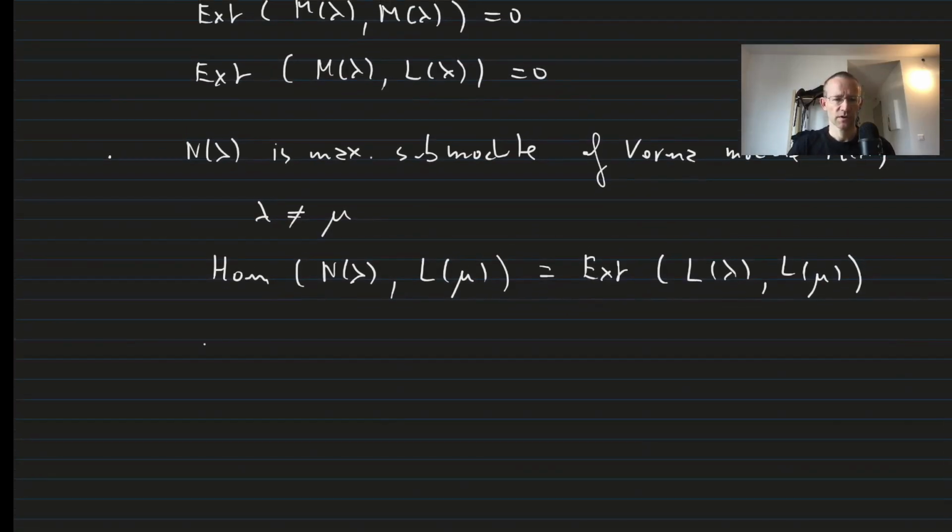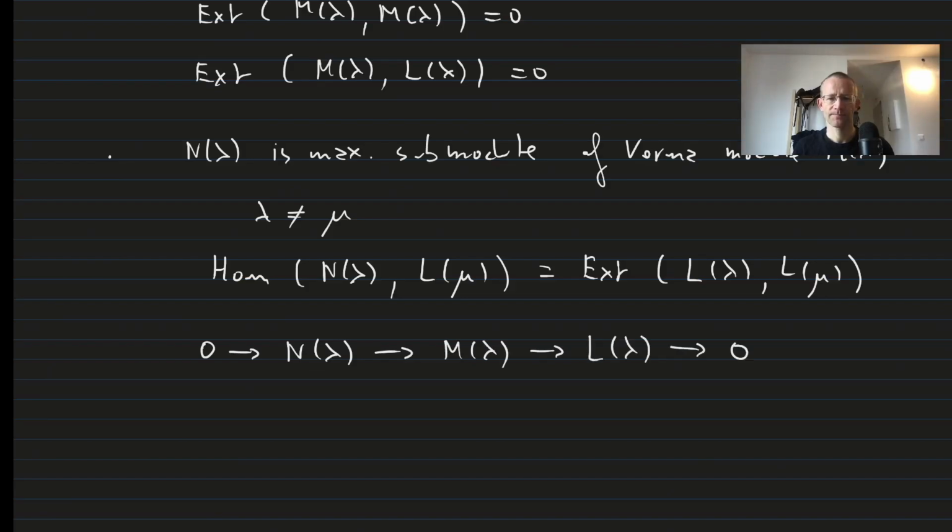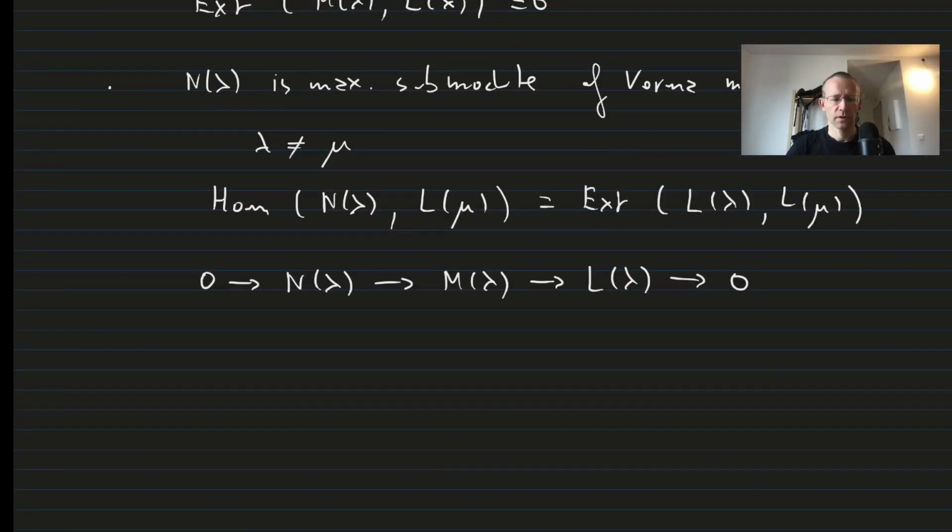So one starts with the short exact sequence N lambda embedded in M lambda. The quotient is equal to L lambda. This is the short exact sequence. And this gives rise to, because of left exactness of Hom in the second and contravariance in the second argument, amongst others, these terms in the sequence.